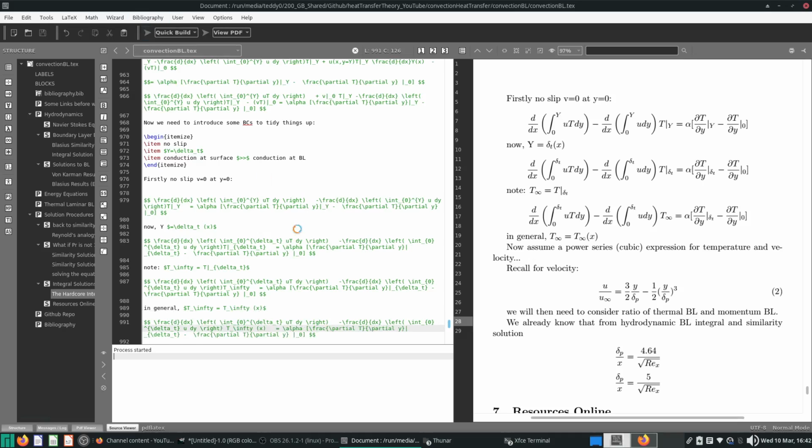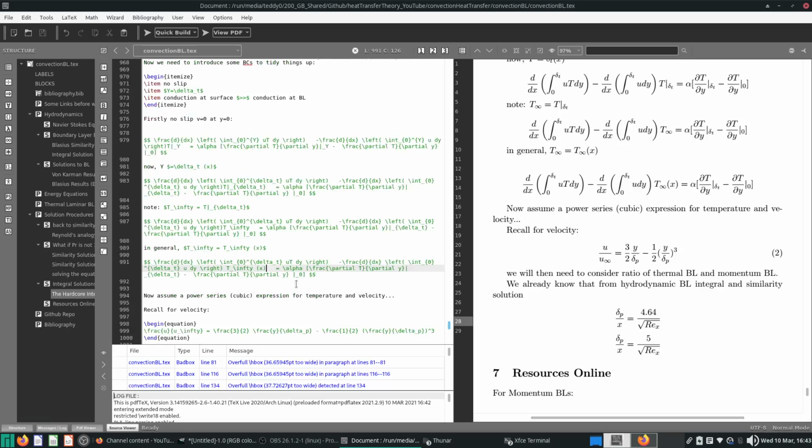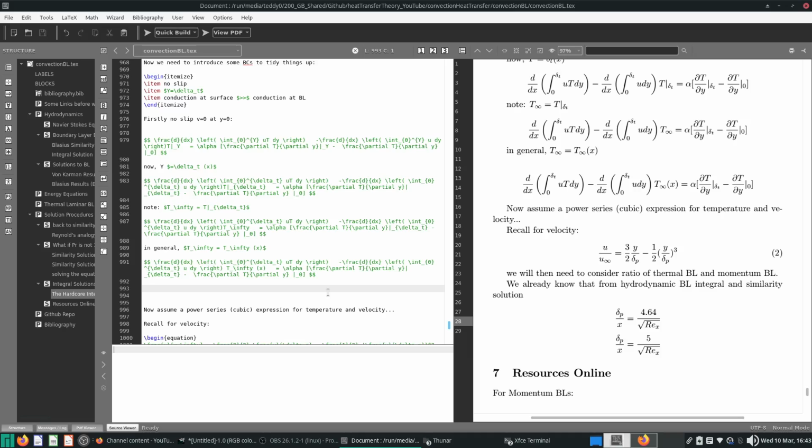And after this, you kind of know the drill. We apply the product rule again. So let's bring this T infinity as a function of x to the other side.